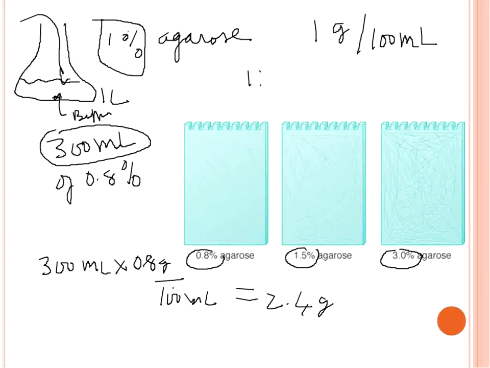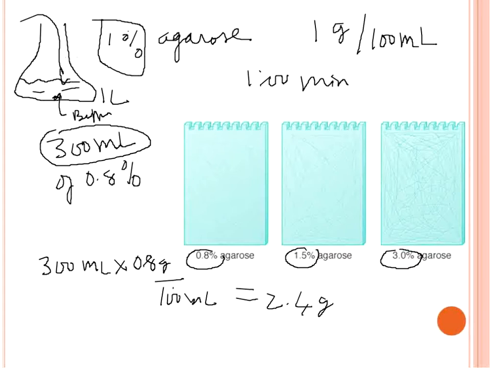Maybe start with 1 minute and see if it is boiling. If it doesn't boil, give it another 30 seconds. Keep on doing it until you see the solution boil. And then take it out of the microwave. You're going to swirl it to make sure that everything is in solution. You don't see any hazy lines in here.